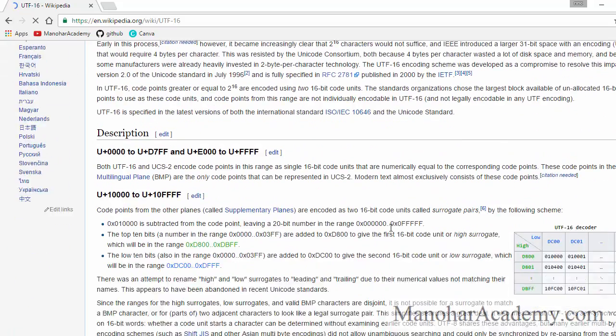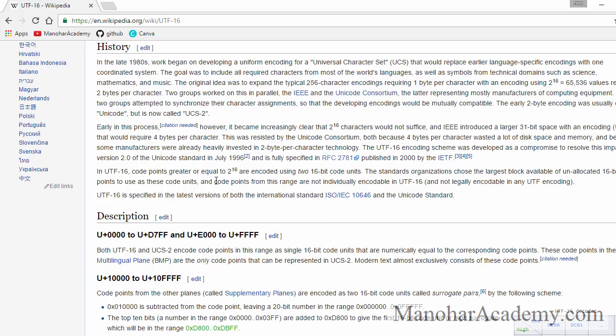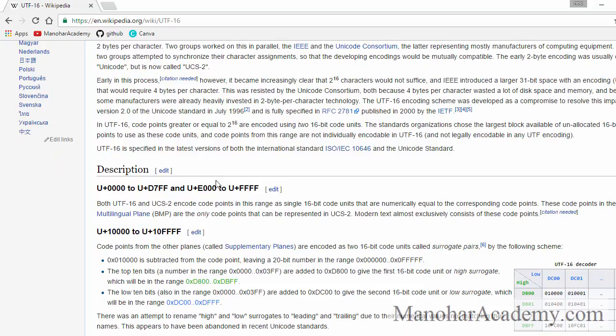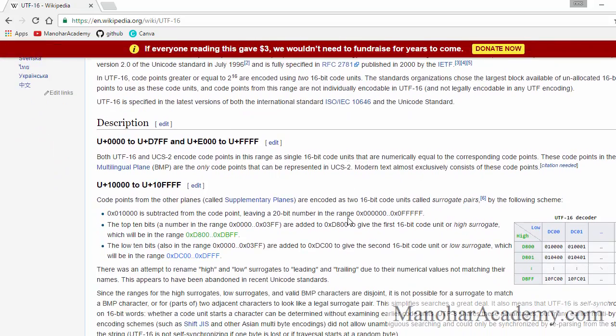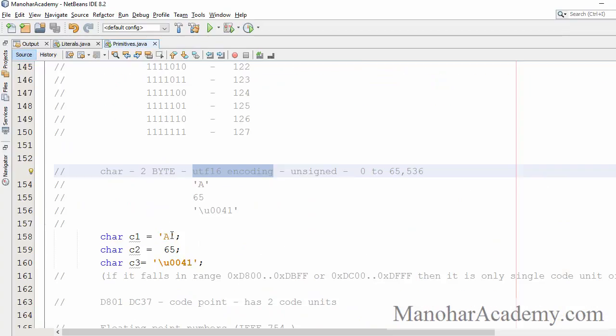Okay, if you see here, generally all the values that we use from day to day can be represented using 2 bytes. Like they can be saved in a single character.